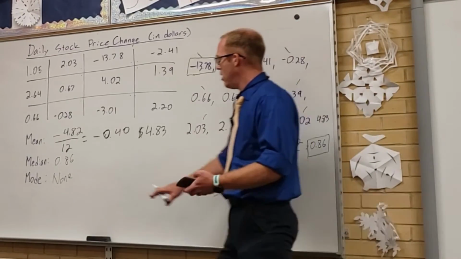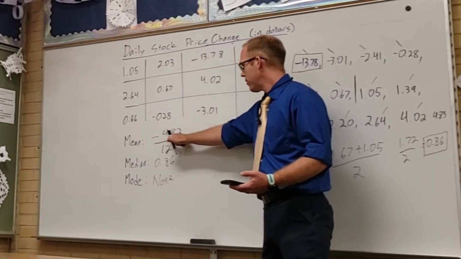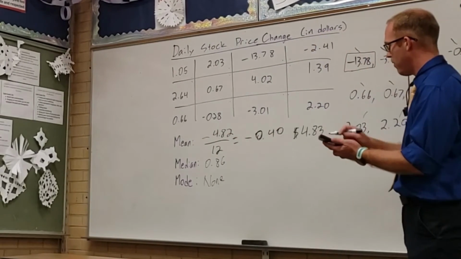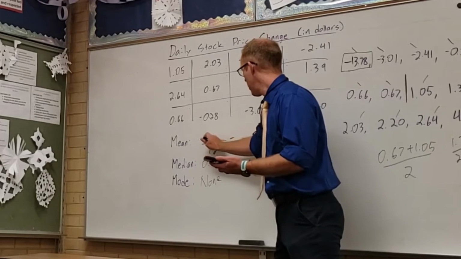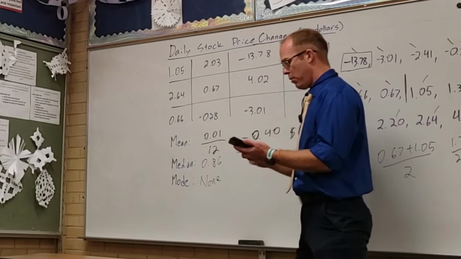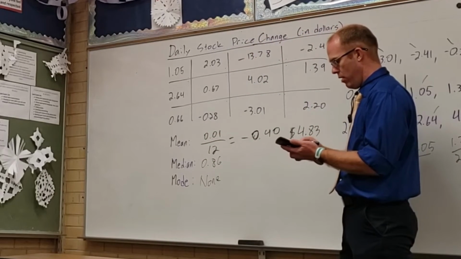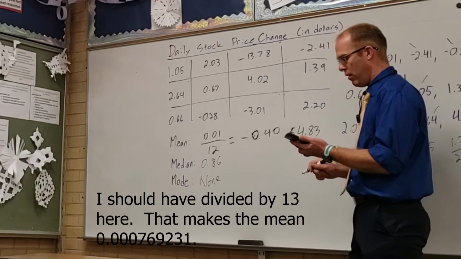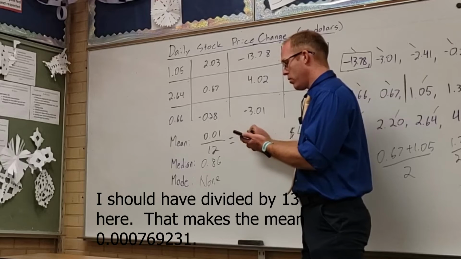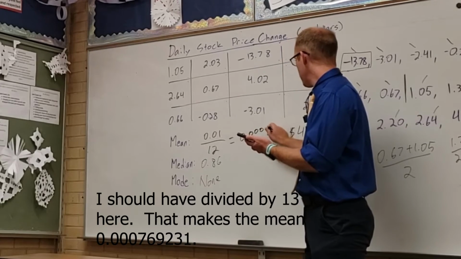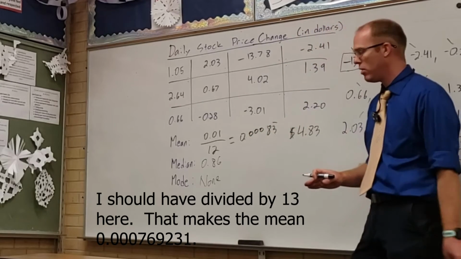Okay, so the mean, when we add all these together, instead of negative 4.82, gives us 0.01. And 0.01 divided by 12 gives us 0.00083 repeated, so that's very, very close to 0.